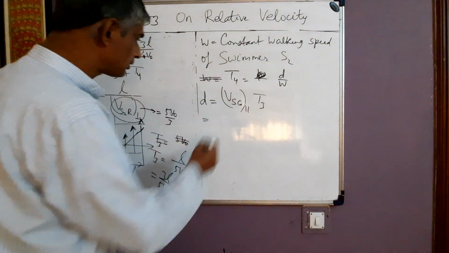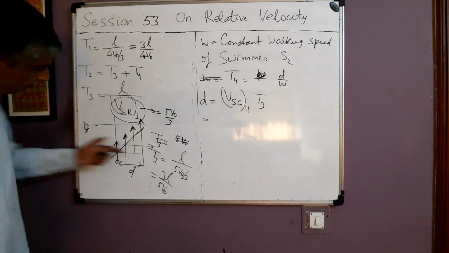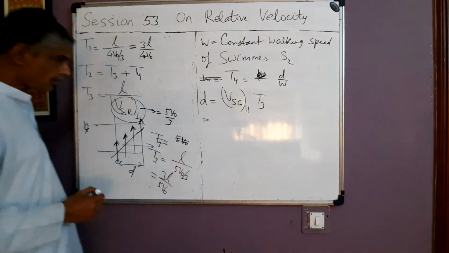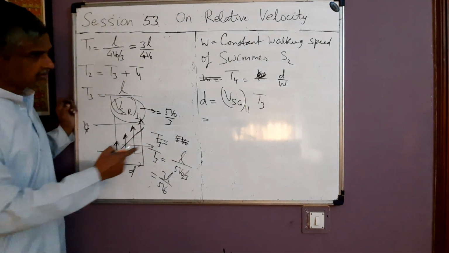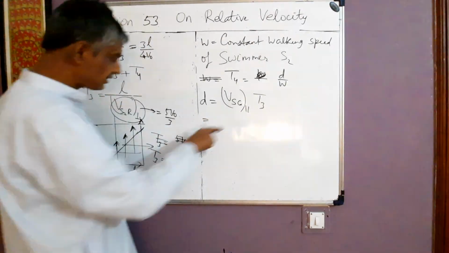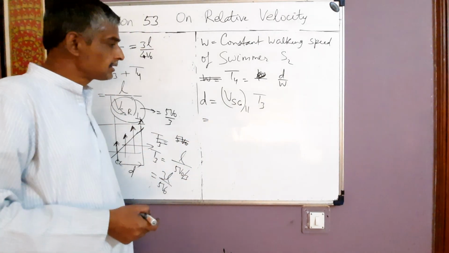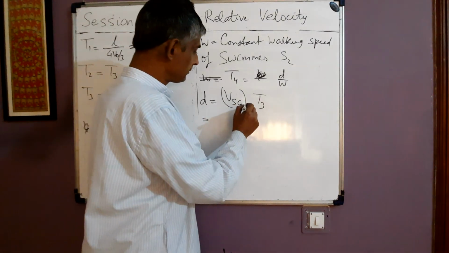Now what is VSG parallel? It is the component of VSG along the river flow direction. So D is equal to VSG parallel into T3.